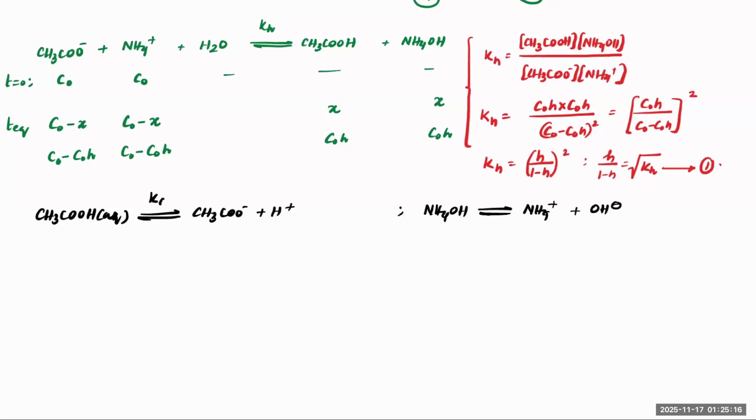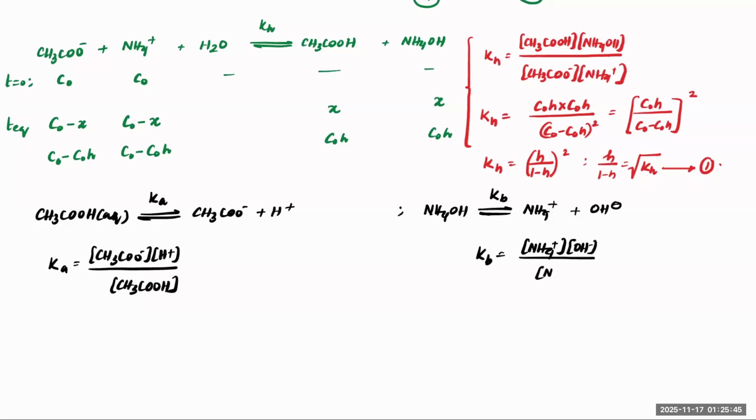And this is Ka of acid, this is Kb of base. And Ka value can be written as concentration of CH3COO minus in the solution into H plus concentration of the solution divided by CH3COOH of the solution. Similarly, Kb will be equal to NH4 plus of the solution into OH minus of the solution divided by NH4OH of the solution.